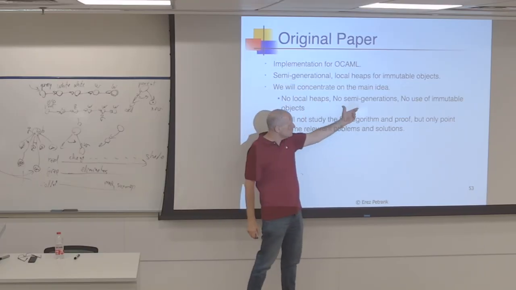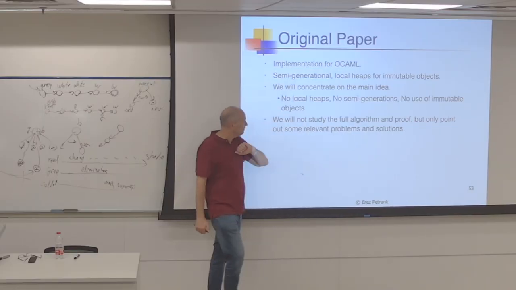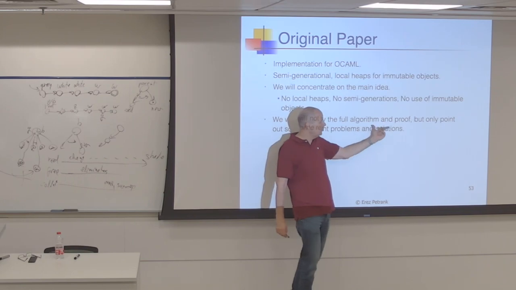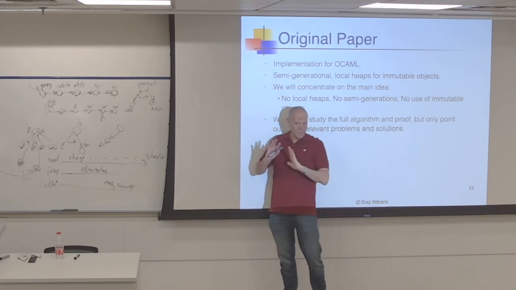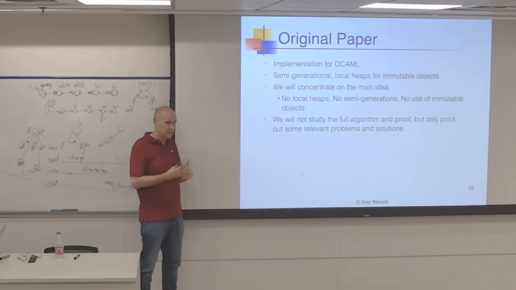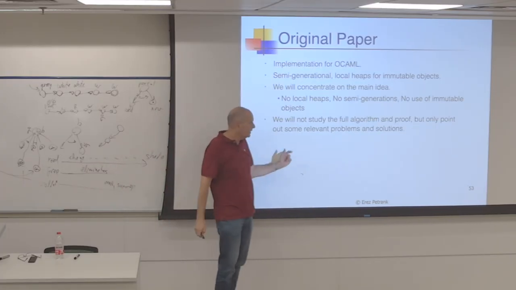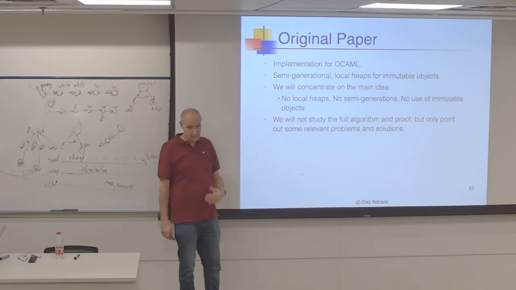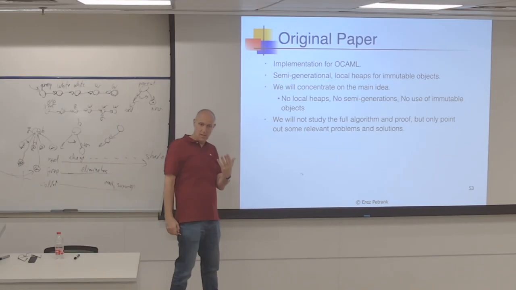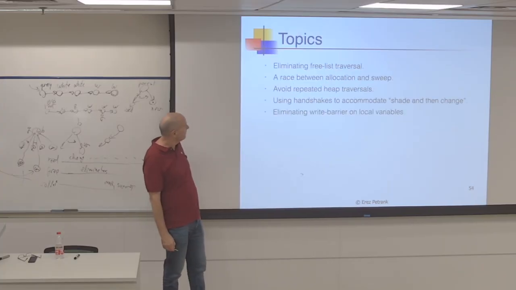So no local heap, no semi-generation, no use of immutable objects, and we will not do the full algorithm and proof completely because it's too complicated. We'll have another algorithm that we'll describe until the end, but I want you to understand the main ideas and a bit of the traps that you may fall into.